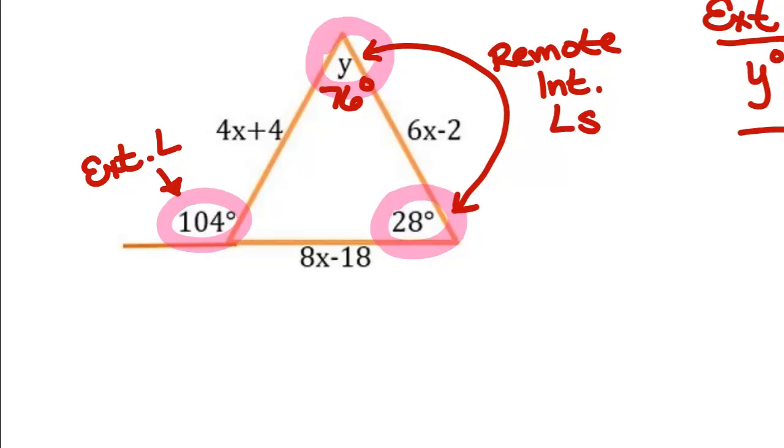Do I have enough information to figure out how big this angle is right here? Can I find this angle? Yes. I can either add these two together and subtract it from 180, or what do we call this special angle pair? Linear pair. Those add to 180. So I could do 180 minus 104.